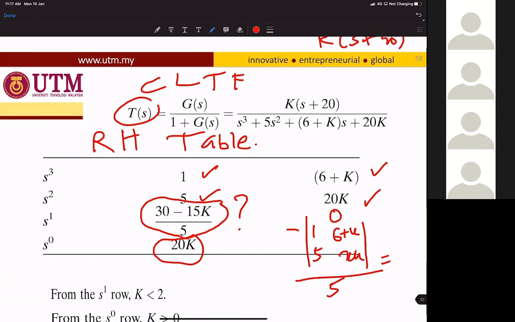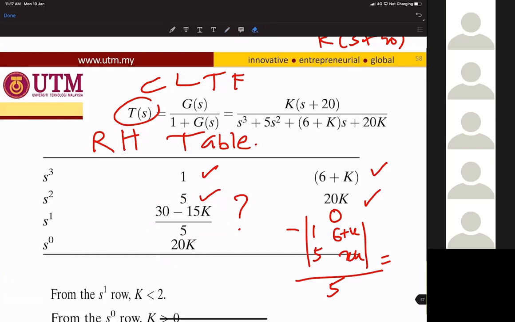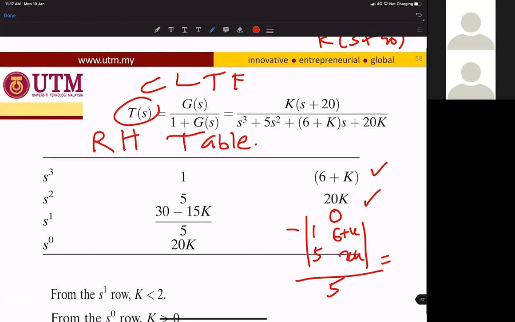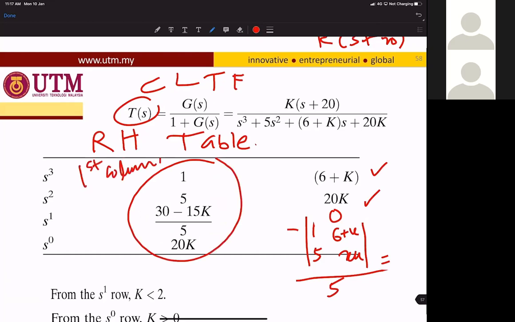Najwa Atira, what is the theory of Routh-Hurwitz for stability? The first column must lie on the left half plane, which is greater than 0. So 1 is greater than 0. 5, yes.